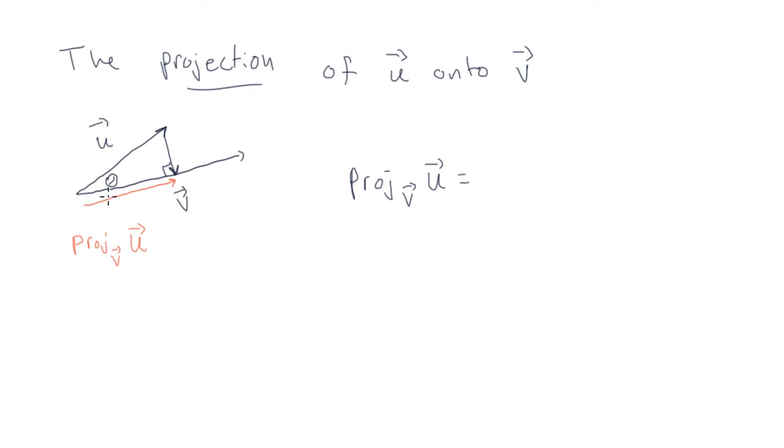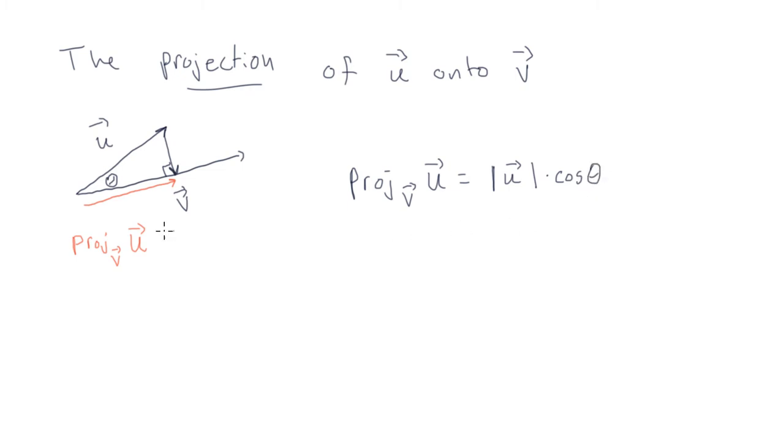It's really nothing more than the length of u, which would be like the hypotenuse, times the cosine of this angle. So that's going to be the length of the projection vector. It's just going to be the length of u times cosine theta.